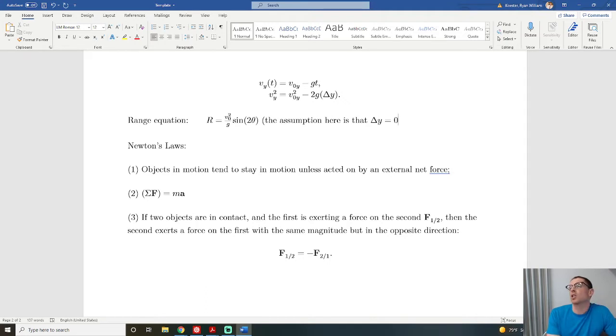So for a projectile that's launched from flat ground, undergoes some trajectory and then lands on flat ground again, this is great. But it won't work if your delta y is non-zero. So remember that because it's important. Okay.